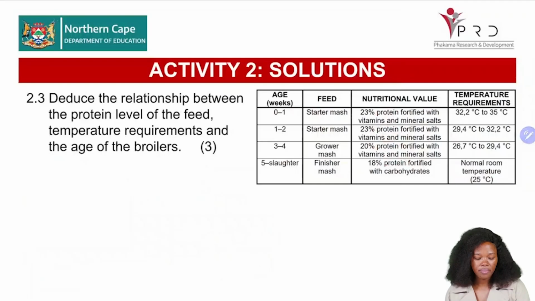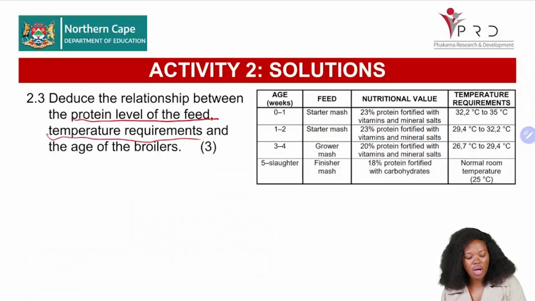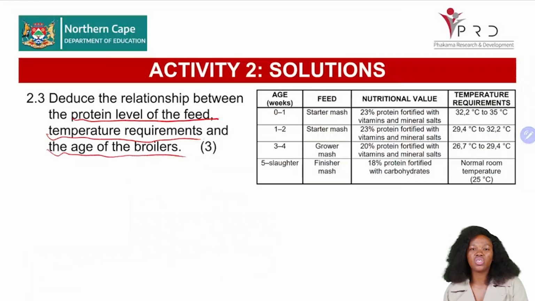Right, 2.3. Deduce the relationship between the protein level of the feed, temperature requirements, and the age of the broilers, for 3 marks. When answering this question, just to be on the safe side, start with the age of broilers and follow with protein or temperature.